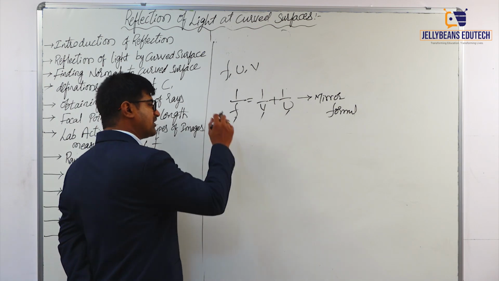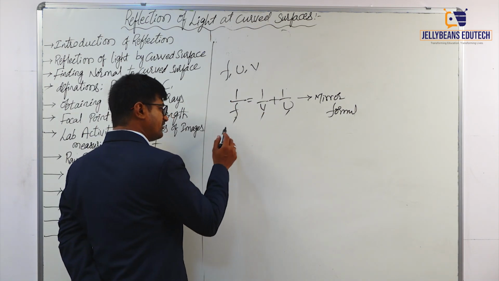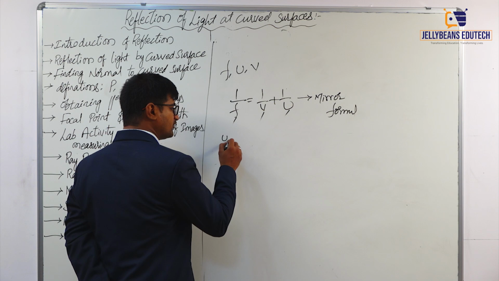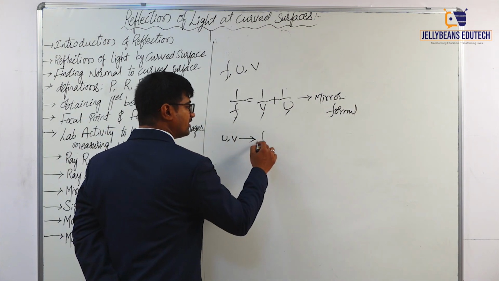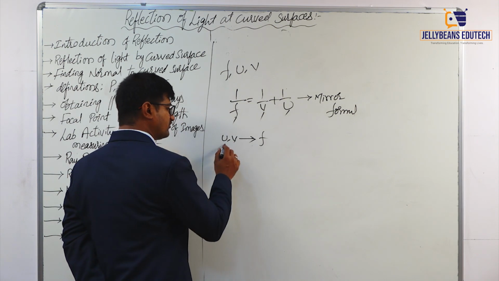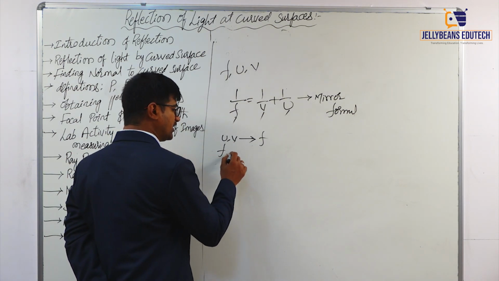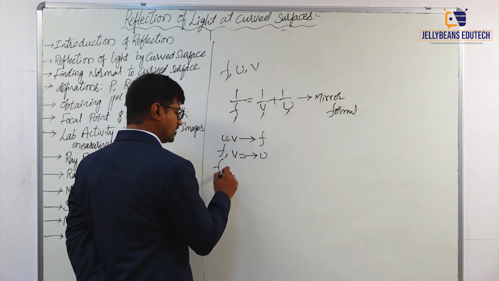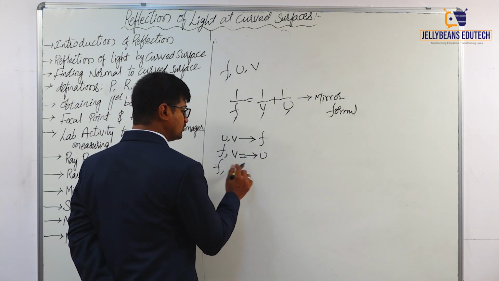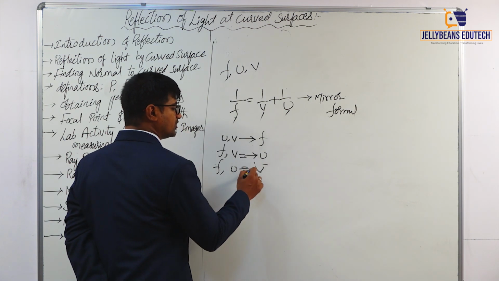When problems are given, they will just give some values, and by using those we can obtain the others. If the values of U and V are given, we can easily find F. If F and U are given, we can find the V value.